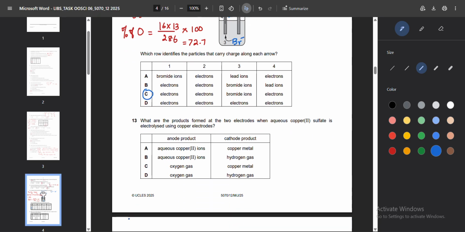Alright, then the next one is question number 13, what are the products formed at the 2 electrodes when aqueous copper 2 sulfate is electrolyzed using copper electrodes? Now copper electrodes are not inert and they take part in the reaction.